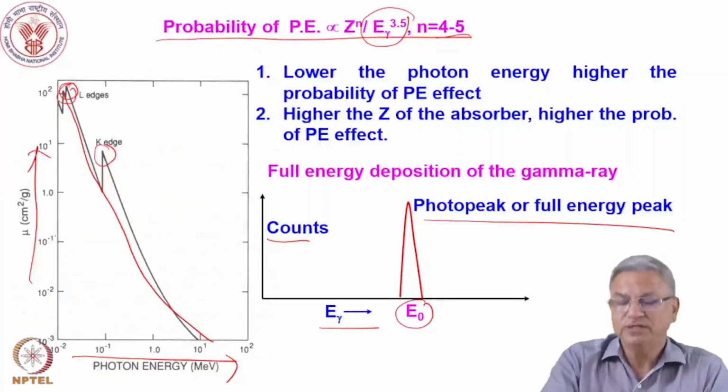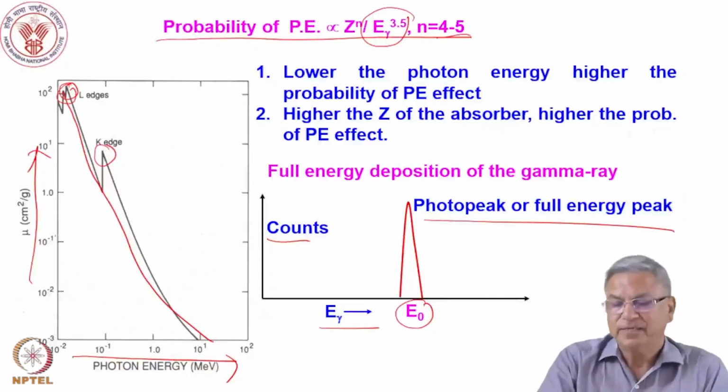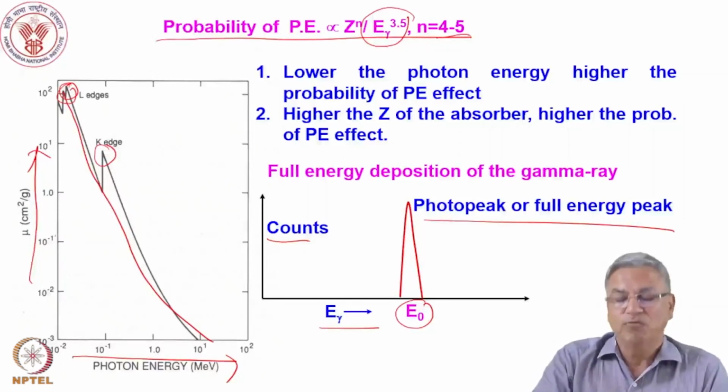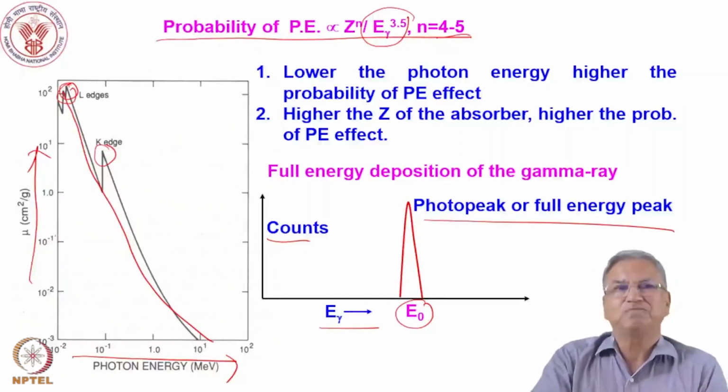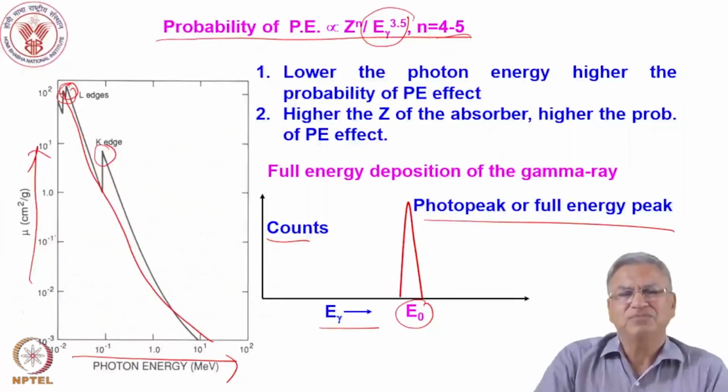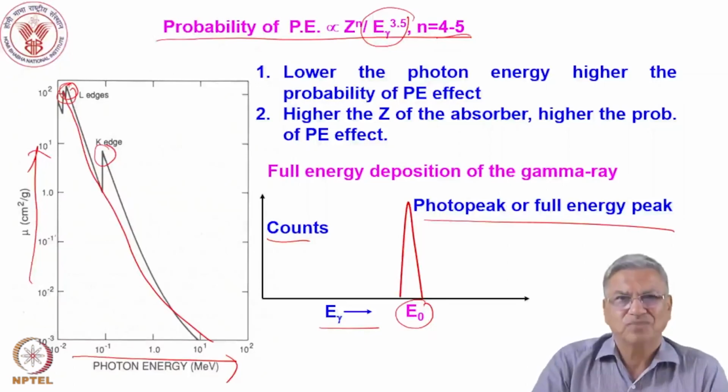So there is a broadening in the peak of the gamma ray. There is no other manifestation of the photoelectric effect in the gamma spectrum, except that if the detector material is iodine, for example, the X-rays are emitted and X-rays might escape the detector. So there will be X-ray escape peaks.